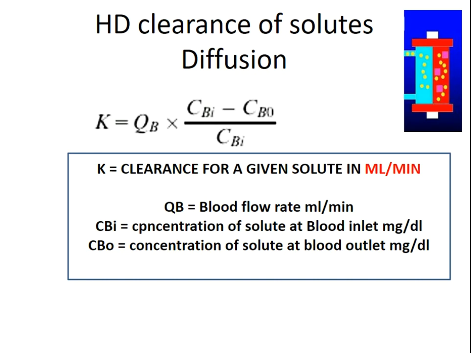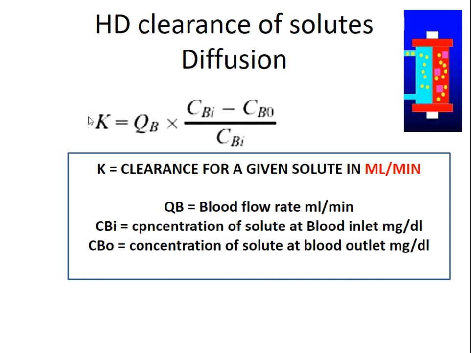Hemodialysis clearance of solutes by diffusion can be calculated by the following formula. K is the clearance for a given solute in milliliters per minute, QB is the blood flow rate in milliliters per minute, multiplied by the concentration at the blood inlet of the given solute minus the concentration at the blood outlet of the same solute, divided by the concentration at the blood inlet.